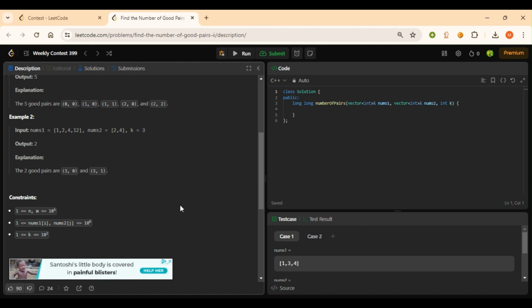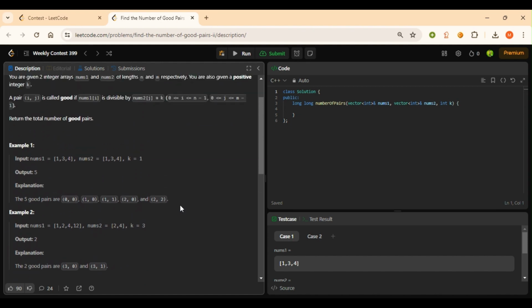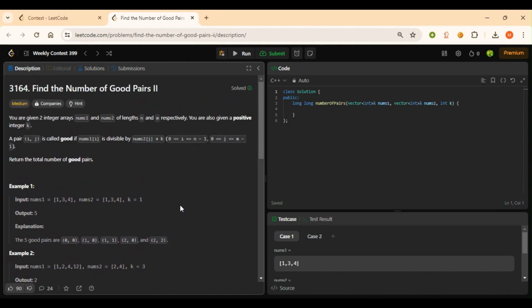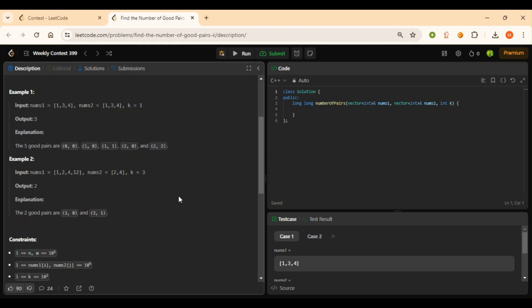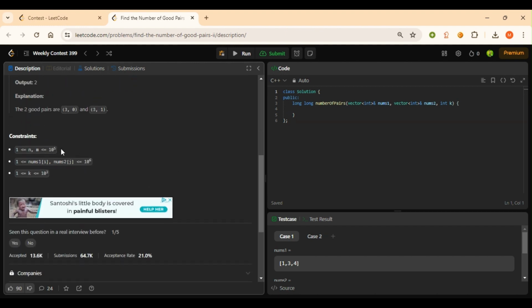But the theory used to solve this one was not that much, because as you can see in the constraints, it's only up to 10 power 5, so it can still be manageable in n square root n.